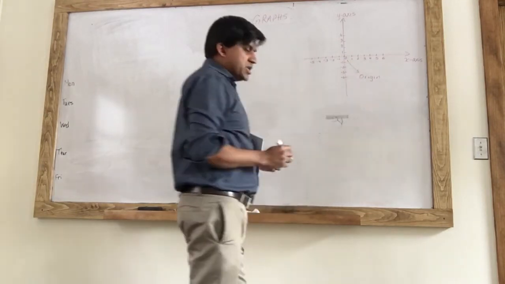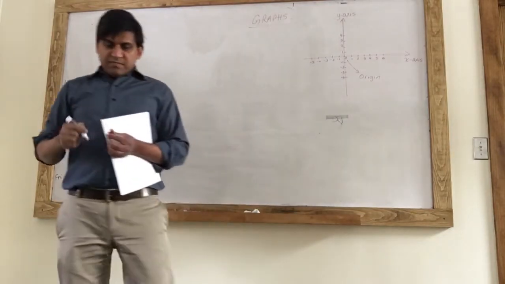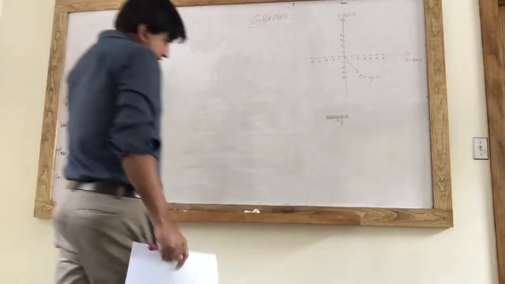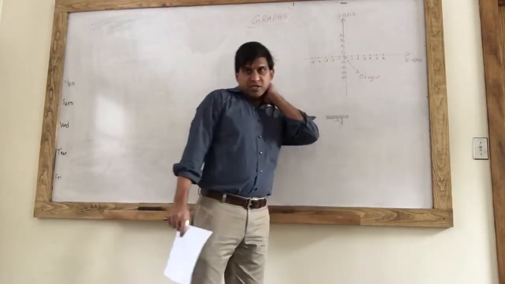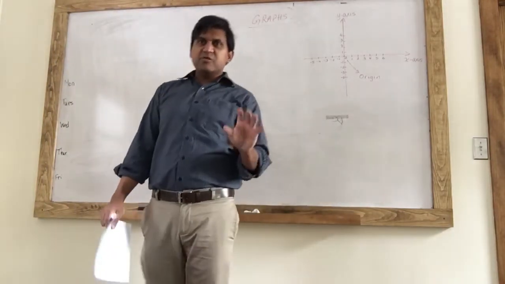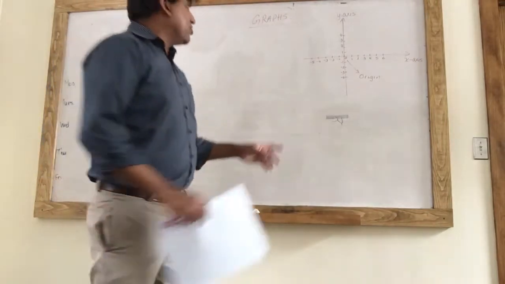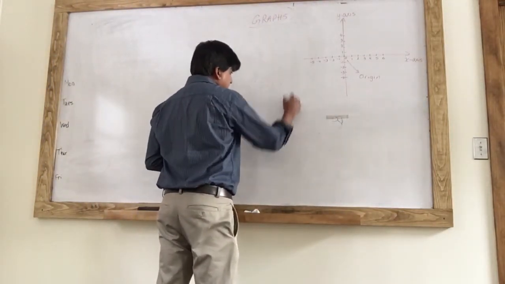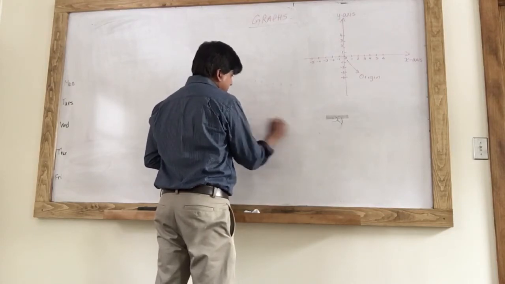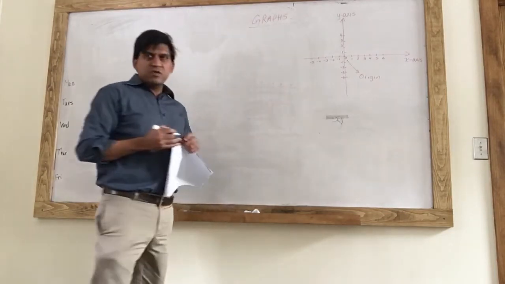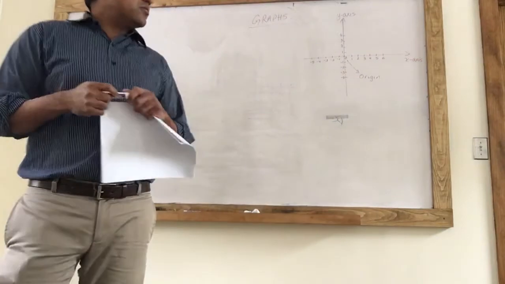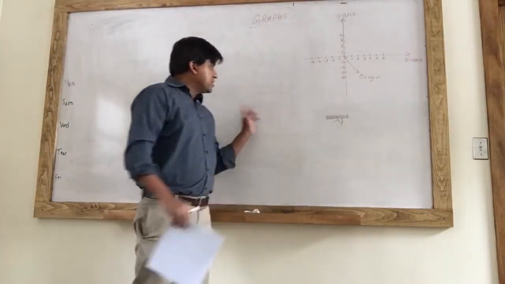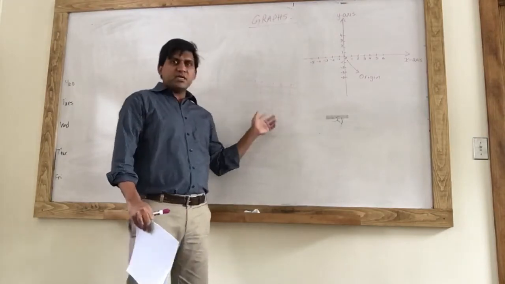If I give a location, like you use Google Maps, it is a big fan of graphs. That's how that entire concept works. Sometimes when you turn on the Google Maps app, you might see a grid. Google Maps, Google Earth, all of that has a grid.